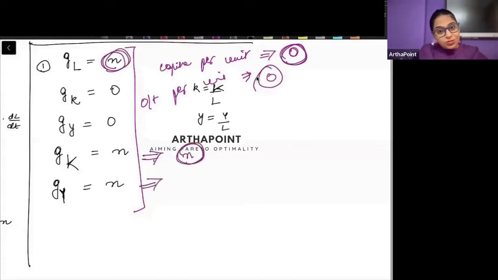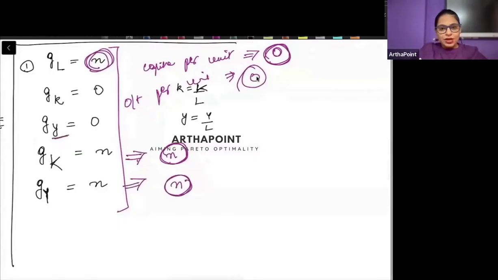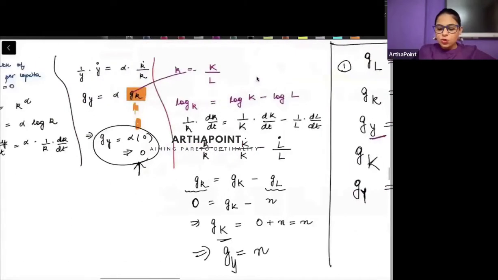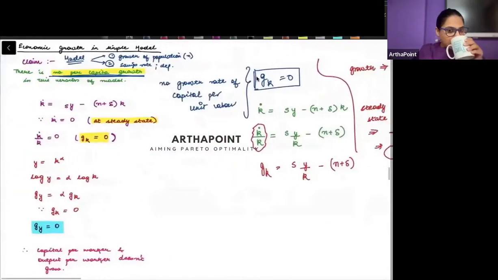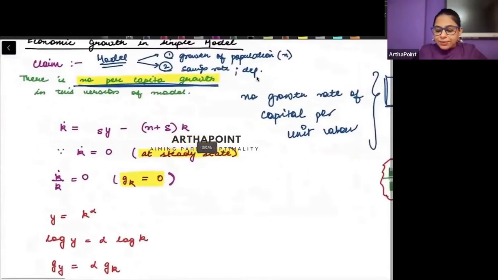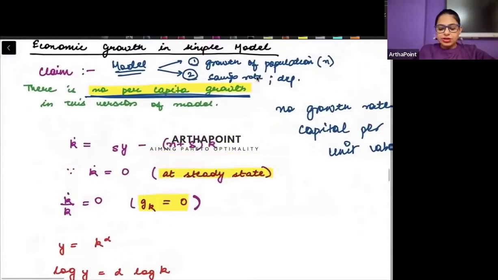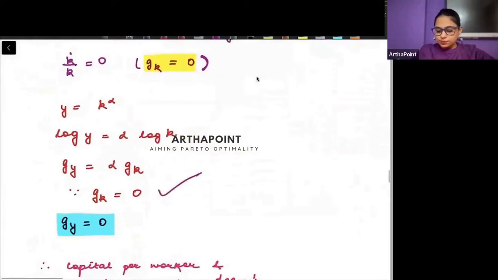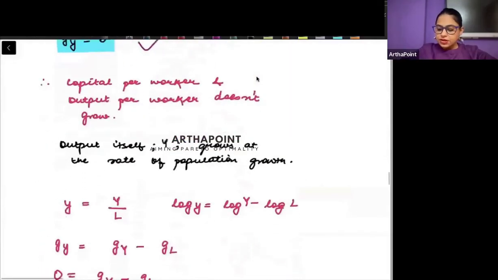And output in the economy is also growing at the rate n. But output per labor is not growing. क्योंकि आउटपुट भी n से ग्रो कर रहा है और लेबर भी n से ग्रो कर रहा है, तो y by L that is not growing. Output per unit labor is not growing, right? So this is what this model is about. So what we are saying is that the per capita growth rate in this version is 0. That is not going ahead and growing. This is what is written here. Okay.